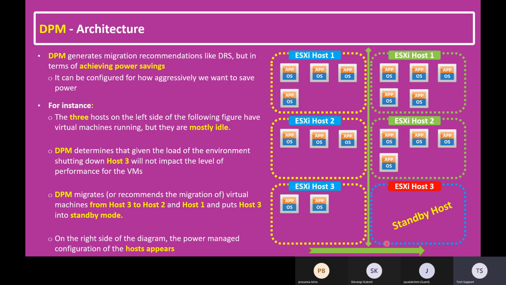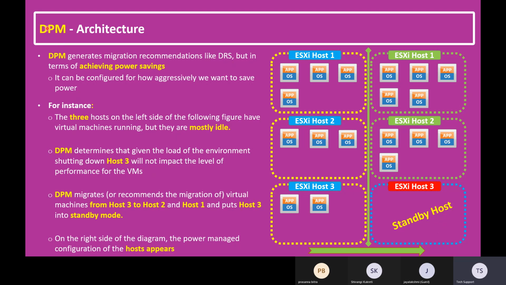The virtual machine performance also DPM will analyze, and DPM migrates virtual machines from host 3, one VM to host 2 and one VM to host 1. And finally, it places host 3 into standby mode. On the right side of the diagram, the power managed configuration of the host appears. So this host is considered a standby host. This is how DPM will work.